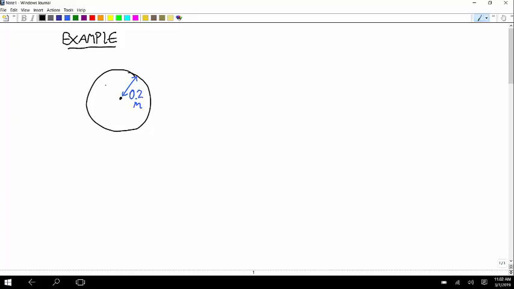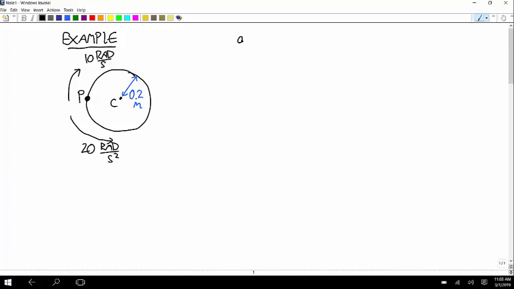Let's call this point C in the middle. I'll come back to that later. And let's say we have an angular velocity this way of 10 radians per second and an angular acceleration this way of 20 radians per second squared. And let's say we want to figure out what's happening at this point over here, P.